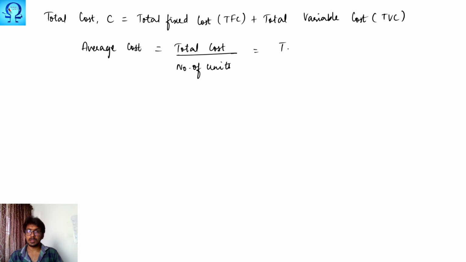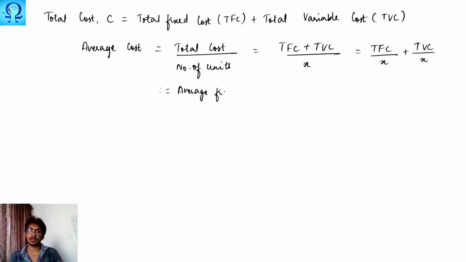So this may be written as TFC plus TVC upon X. This is TFC upon X plus TVC upon X. This one we write as average fixed cost plus average variable cost.